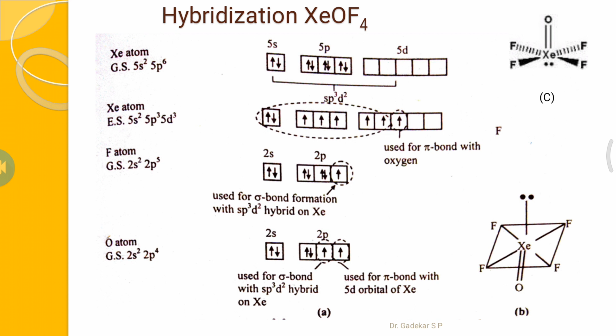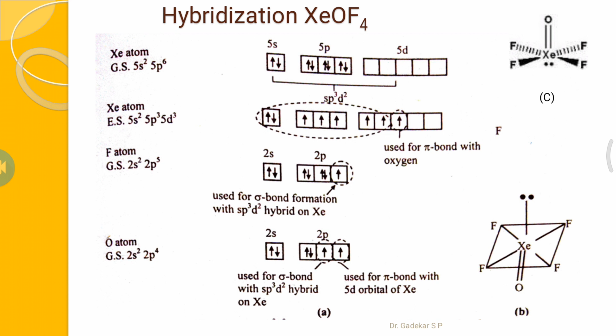These are used for sigma bond formation with sp3d2 hybrid orbitals on xenon. Lastly, the oxygen atom's ground state electronic configuration, 2s2 and 2p4, contains 2 unpaired electrons in the 2p orbital. One is used for a sigma bond with the sp3d2 hybrid orbitals on xenon. The other unpaired electron of oxygen is used for a pi bond with the 5d orbitals of xenon.